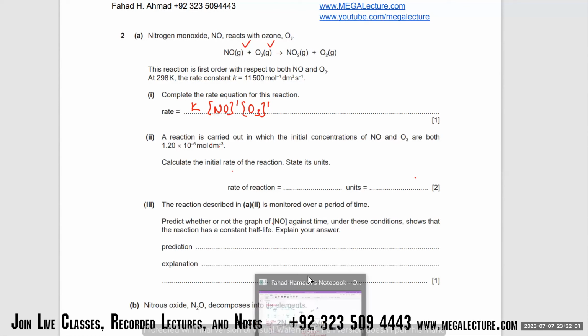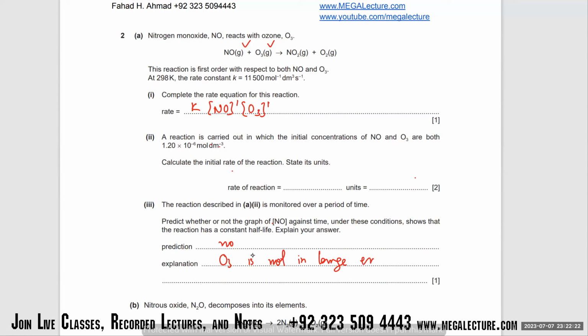Yeah, but could you please write it down? How would I explain that? I don't really understand how to explain it. Just the prediction is obviously no, and the reasoning would be that O3 is not in large excess, and it will affect the rate of reaction.